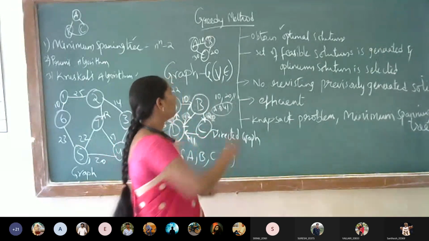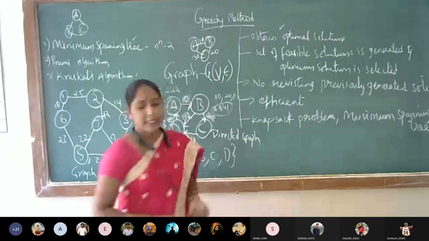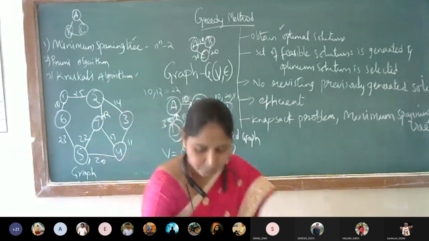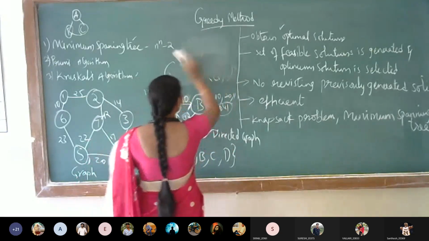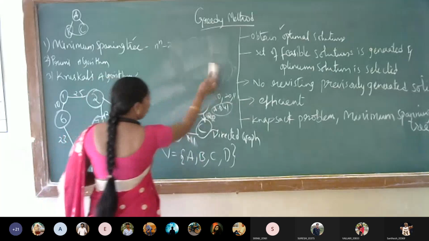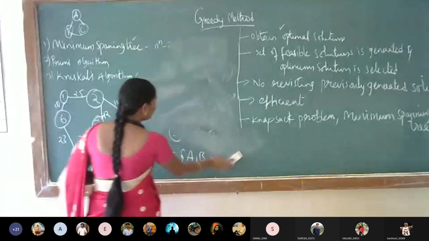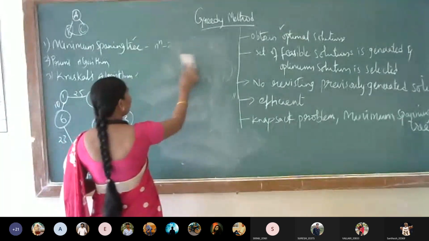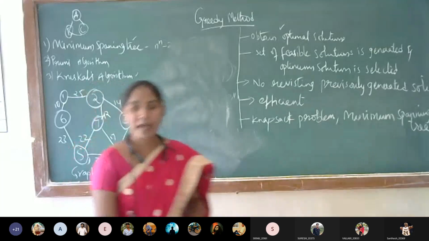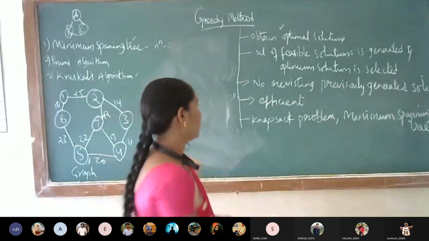In order to do that, we will be making use of this greedy method. This greedy method is used for finding the optimum solution. That is the first point, and this is a straightforward mechanism where you can find the optimum solution.